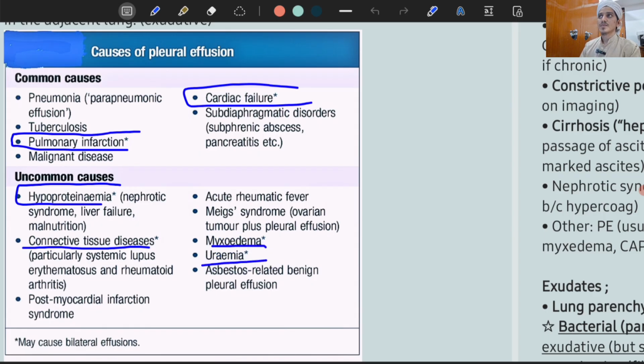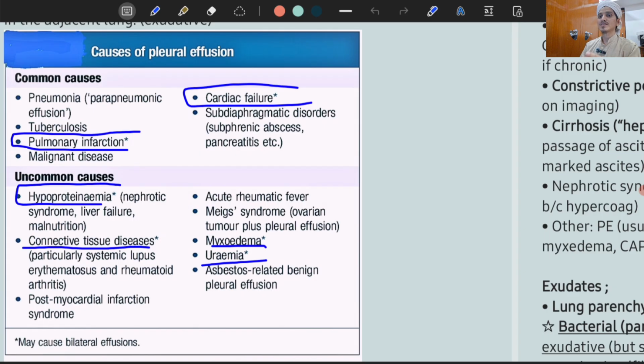And remember one thing: any systemic disorder usually causes bilateral effusion, and any localized disorder related to the lung, the heart, or subdiaphragmatic disorders will cause localized effusions. For example, if one lung has pneumonia, it will have a parapneumonic effusion on that side. If there is pancreatitis, there will be an associated left-sided pleural effusion. If there is ascites, there will be an associated right-sided pleural effusion.